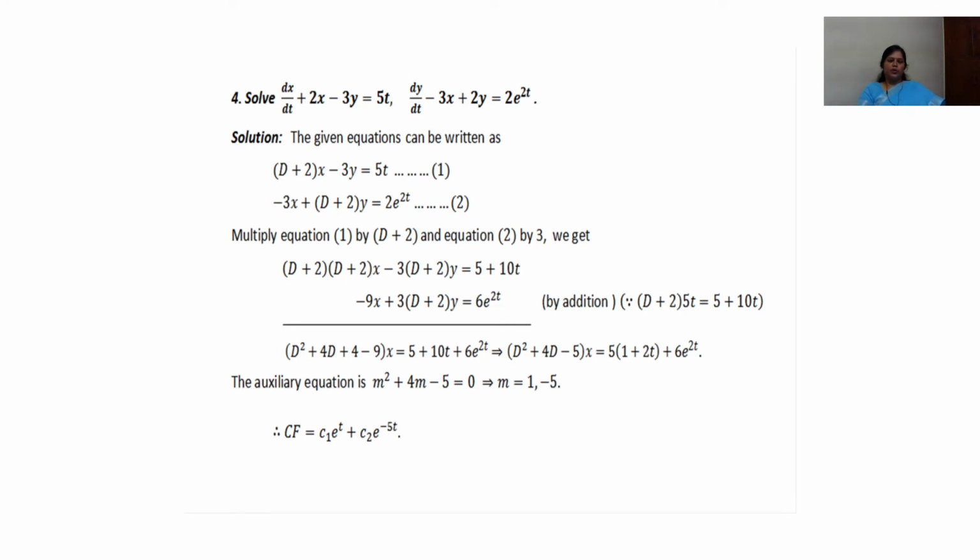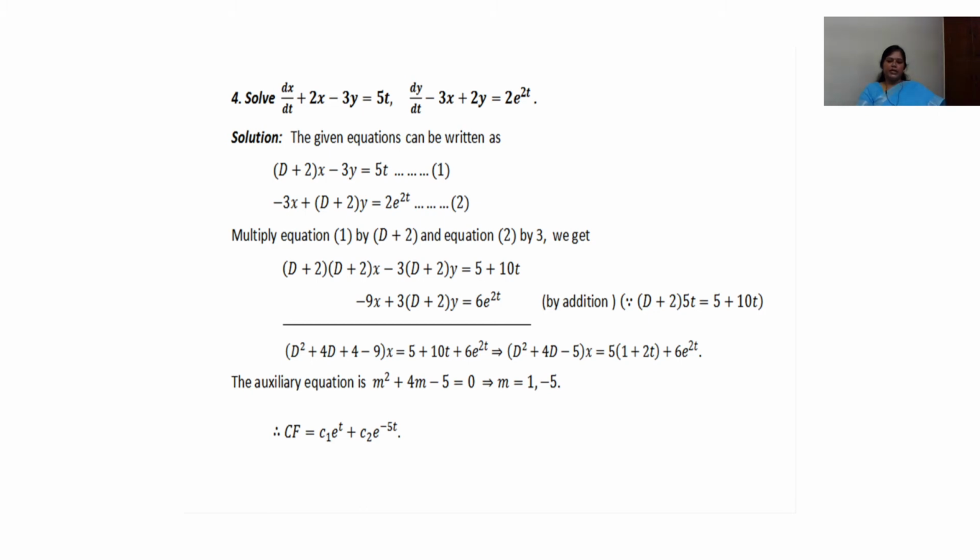Now, the first equation multiplied by (D plus 2) becomes (D plus 2)(D plus 2) x minus 3 (D plus 2) y is equal to, on the right side, 5t is there. So 5t has to be multiplied with (D plus 2).